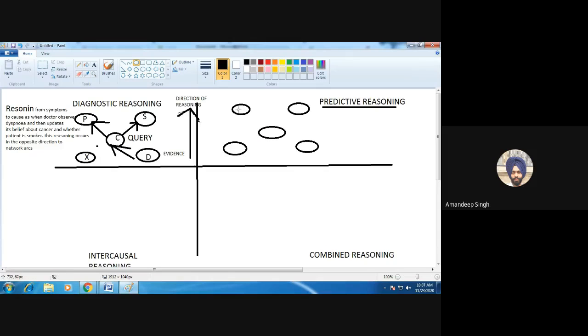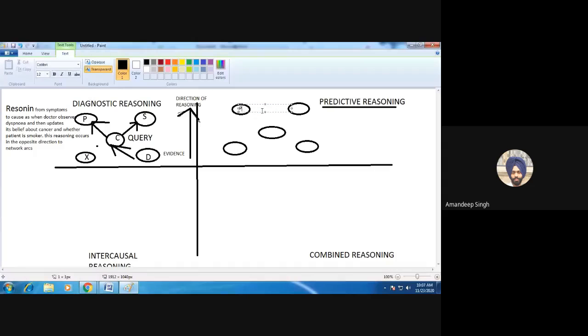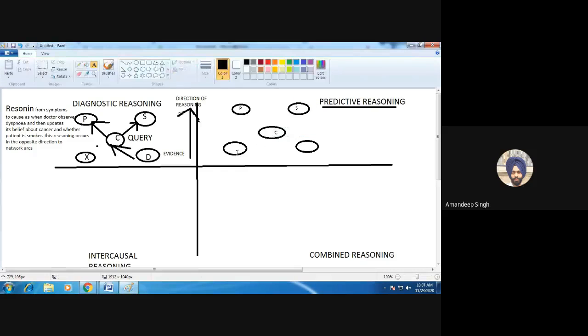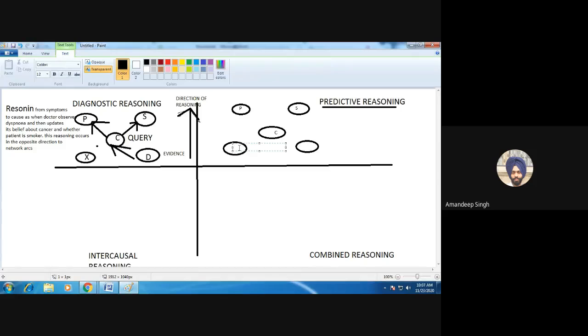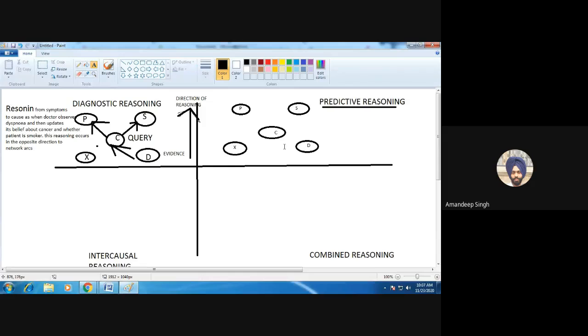You have this as the patient, smoking, cancer, X-rays, and this is the dyspnoea.